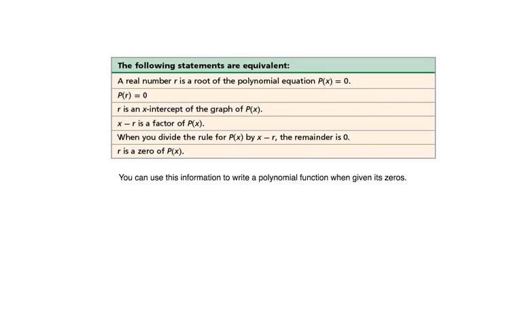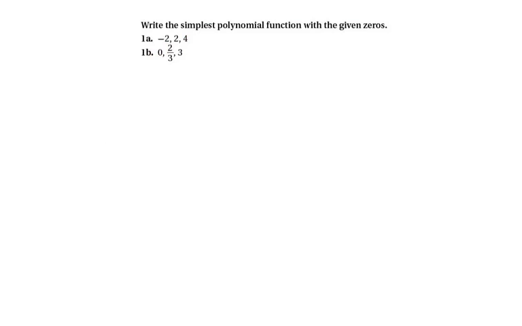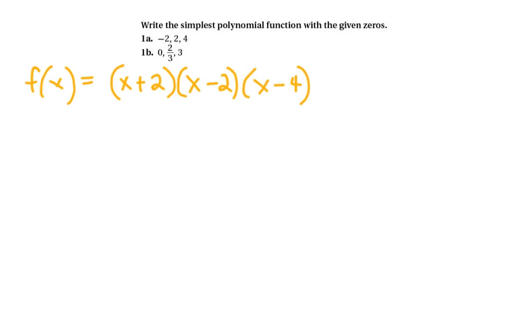So you can use all this information to write a polynomial function when you're given the zeros. So we're going to try that here. A couple of easier ones and then one that's a little trickier. So very simply for 1a, we would write f of x equals, if my solutions are negative 2, 2, and 4, I've got x plus 2 for the negative 2, x minus 2 for the 2, and x minus 4 for the 4.